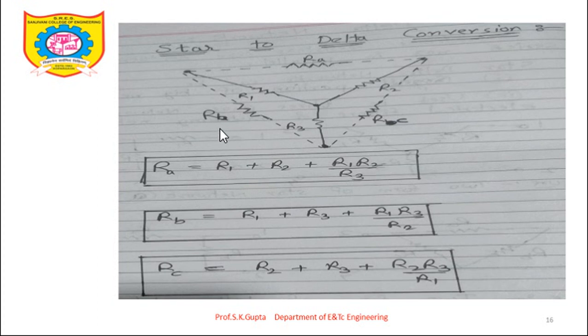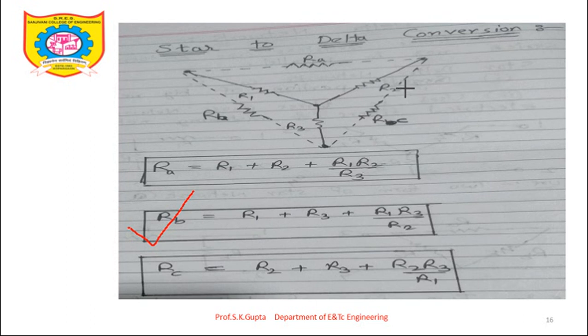Similarly, what is the value of RB? The elements near RB are R1 and R3. So sum R1 plus R3 plus their product R1 into R3 divided by remaining, which is R2, the resistor of the star network. So this is the formula for RB. Now RC.